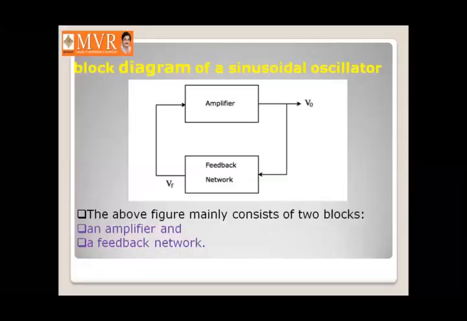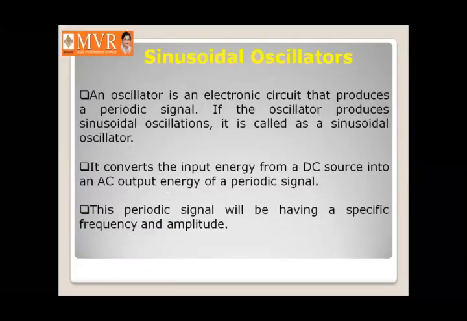as an oscillator, we know that for producing the oscillations, an oscillator is nothing but a circuit without any input signal. It is going to produce an output waveform. So we are not giving any input to an oscillator, just we are giving a DC supply voltage.